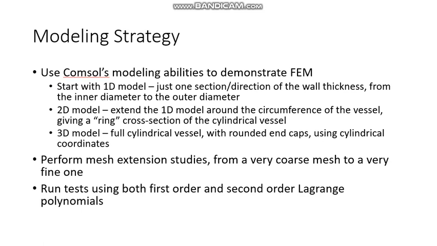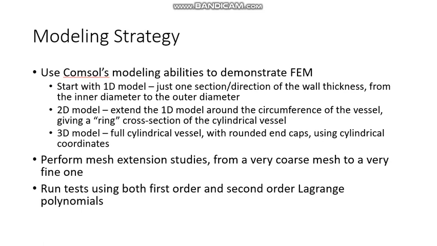The 2D model is just a 360-degree extension of the 1D model, which will give a ring, a cross-section of the cylindrical vessel. Then finally the 3D model, which is just the full cylindrical vessel, taking into account the rounded end caps and using cylindrical coordinates.